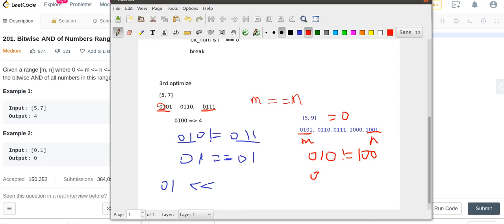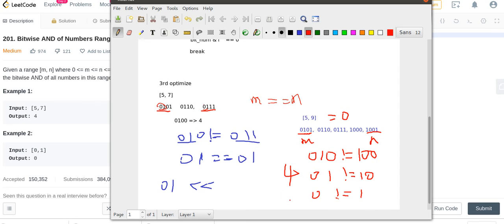So we shift again, 0 1 compared with 1 0, and they are not equal. Then we shift again, 0 compared with 1. They are not equal. Then we shift again. So there are 4 shifts.